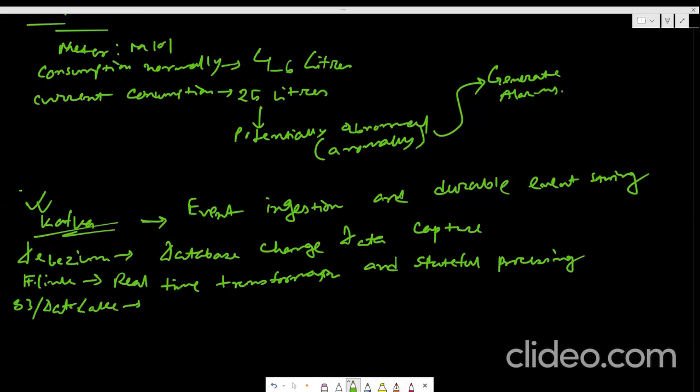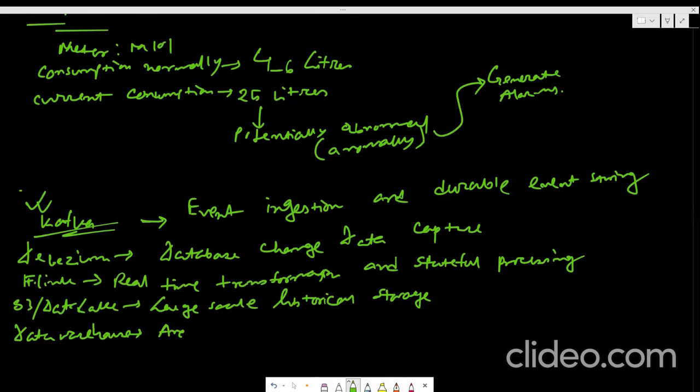Next, we have talked about S3 or data lake. That is basically the large-scale historical storage. Right? Next, we have talked about the data warehouse, where we can do some analytical queries. Right?